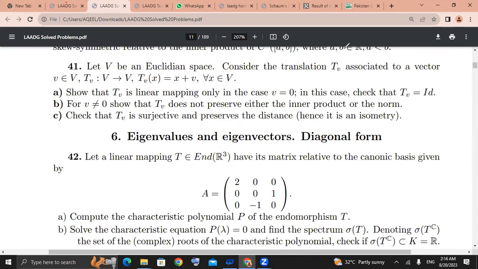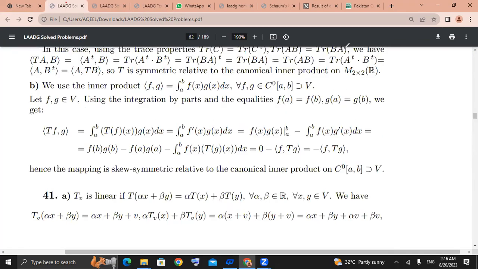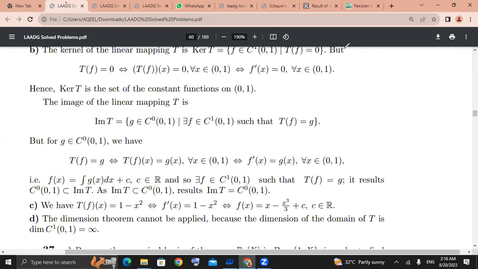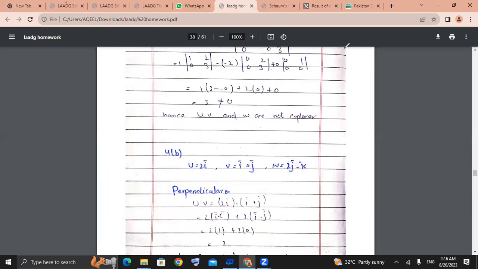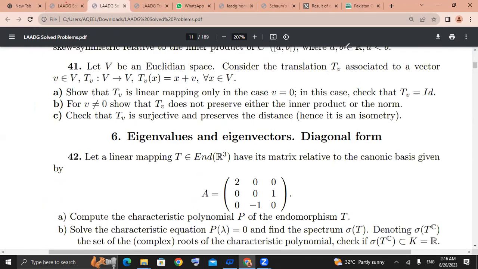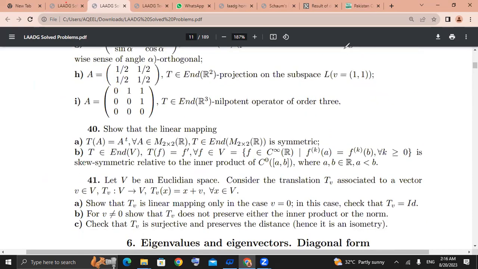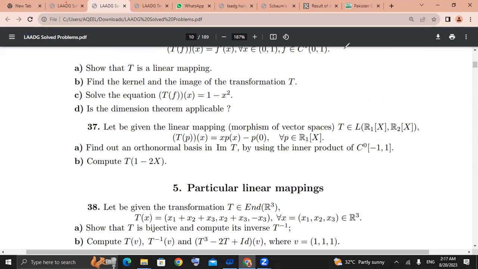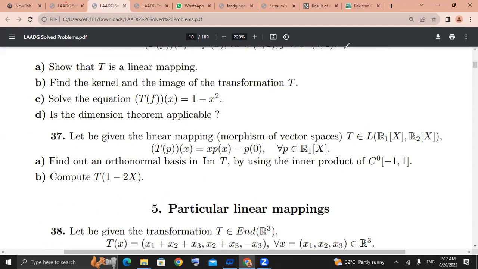Now I think we have to start how we can find the orthonormal diagonalized basis, as he asked in question number 37 part a.